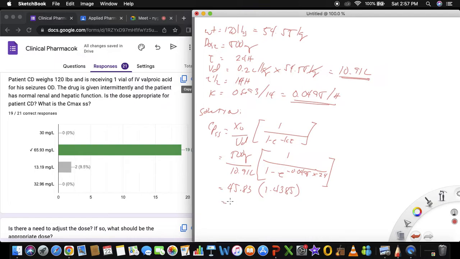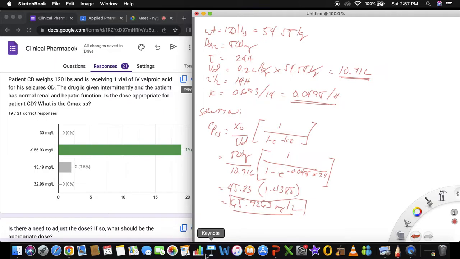So times 45.83. Get 65.9263. And that's milligrams per liter. Okay, or 65.93. All right, very good.